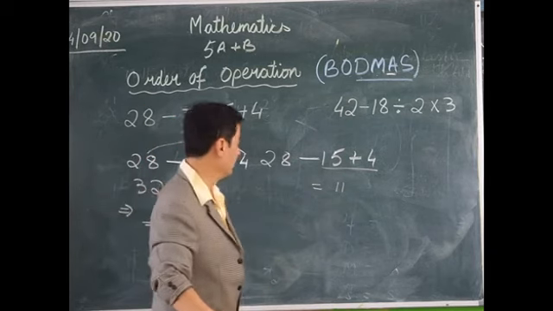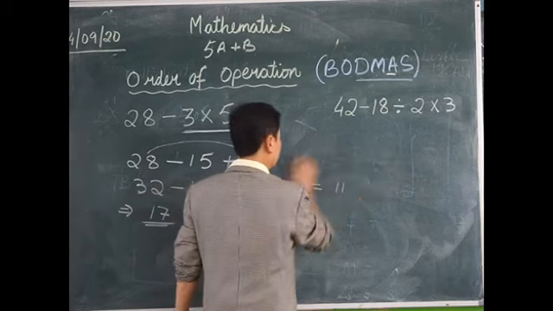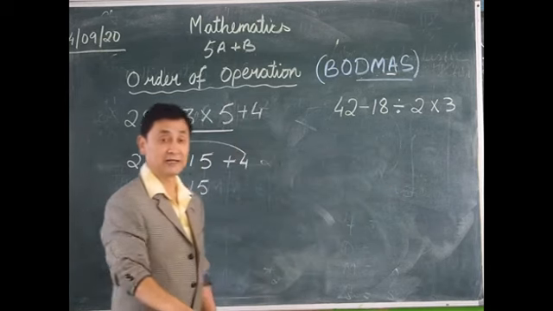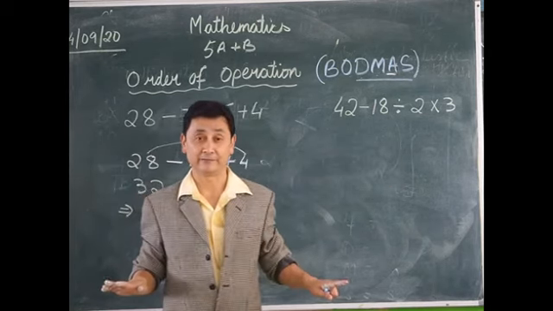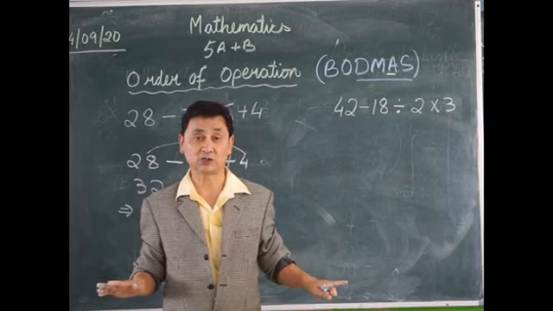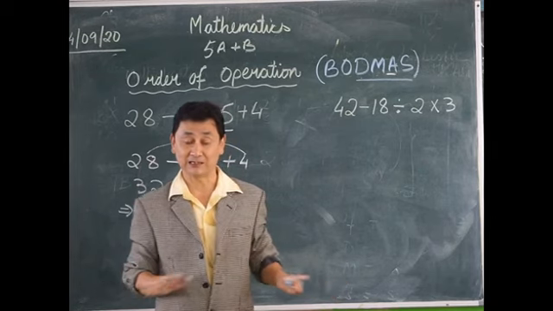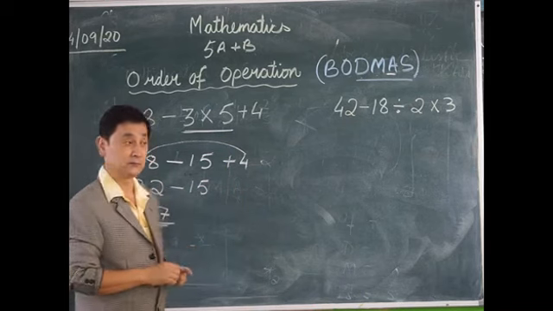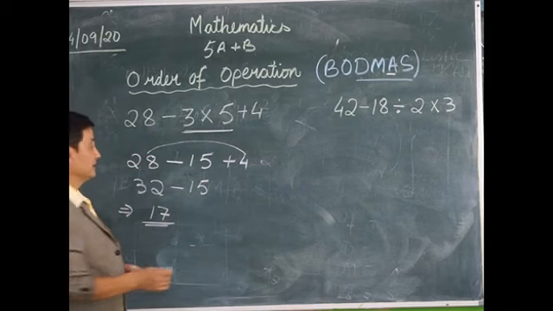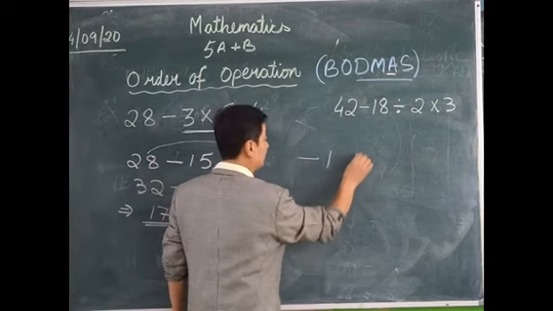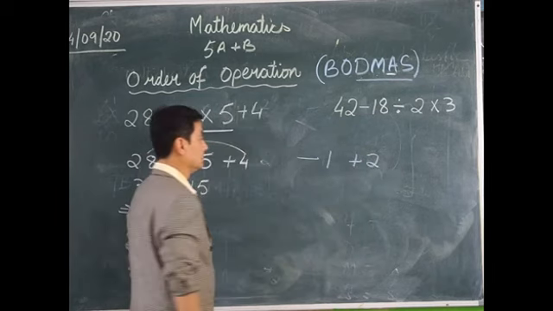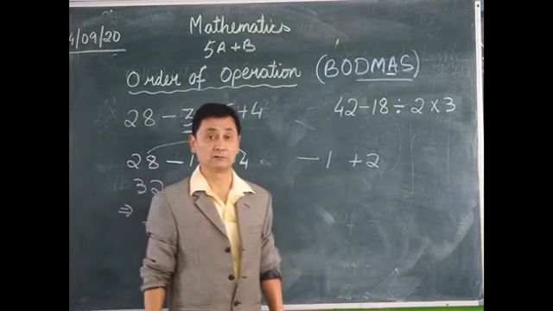So remember, minus and plus cannot be added. It has to be subtracted. You cannot add. Now, for example, minus 1 plus 2. Can it be minus 3?